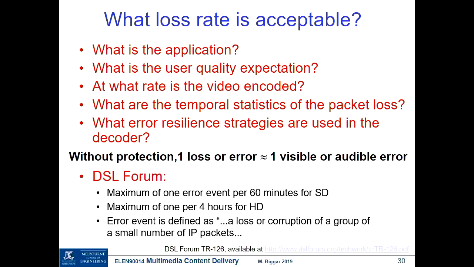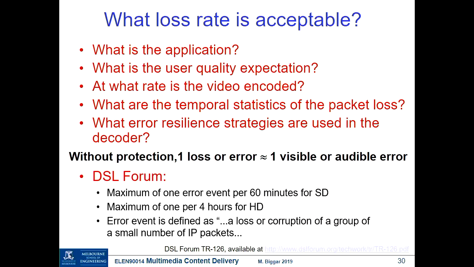There are some interesting conclusions drawn here as well. If we look at these numbers, the bit rate for high definition TV is going to be higher than standard definition TV, right? So even though this bit rate is going to be higher than this one, our expectations are that the error events will be even less likely.